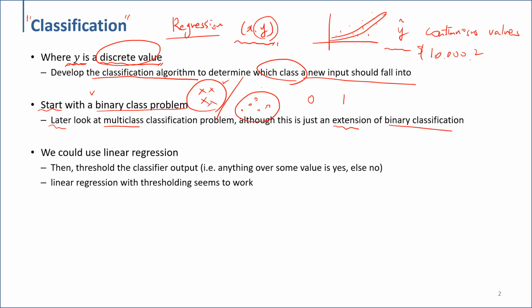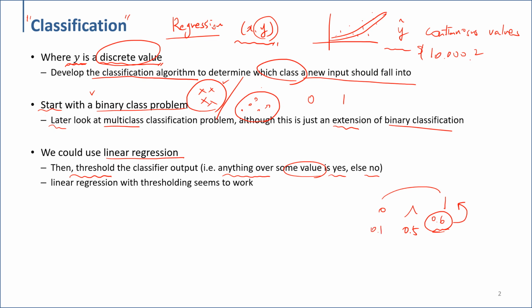For that, we could use linear regression. And here the threshold on the classifier output will be used, which means if anything is over some value, say yes, else no. So if your predicted value should be in the range from 0 to 1, and your threshold is 0.5, and your predicted value is 0.6, then this will fall into class 1.